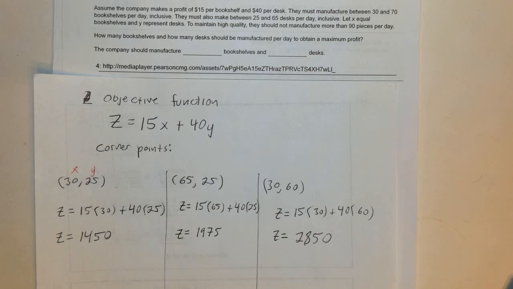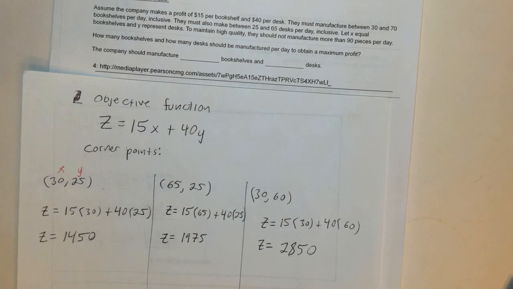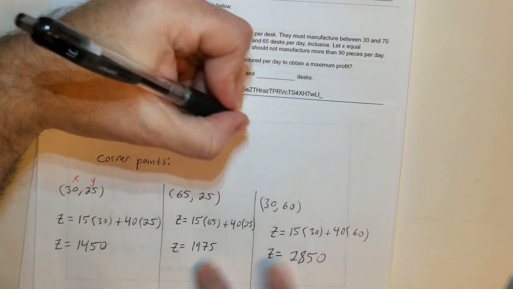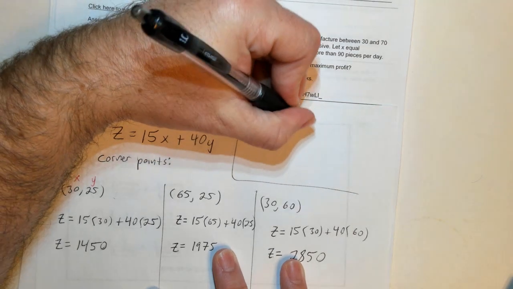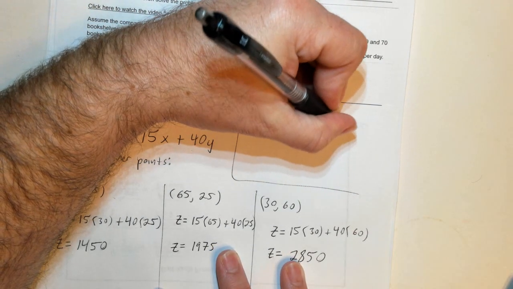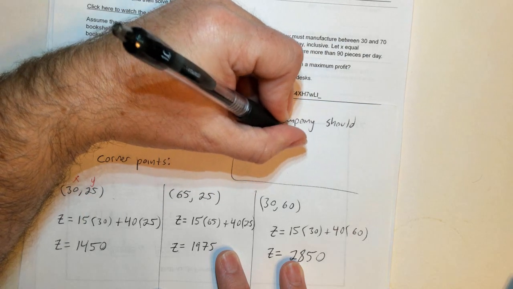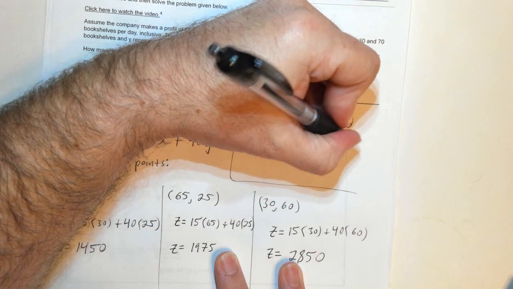Let's see how to type this into the problem. I think I'm going to just write it. The company should manufacture blank bookshelves.